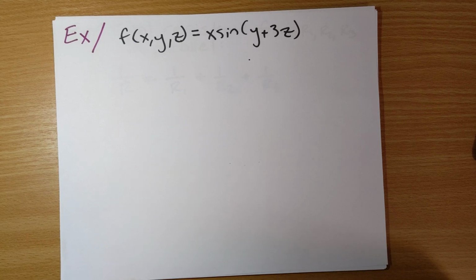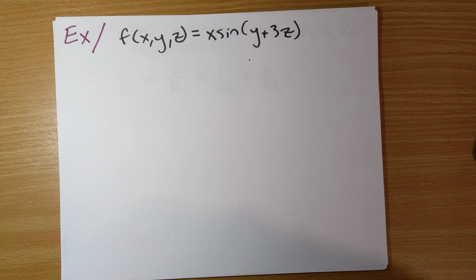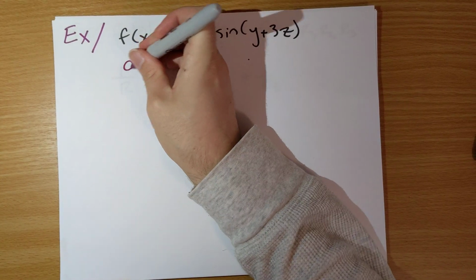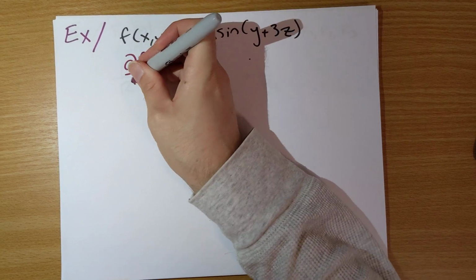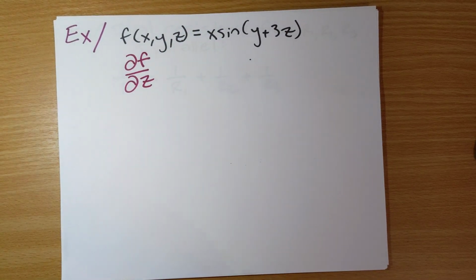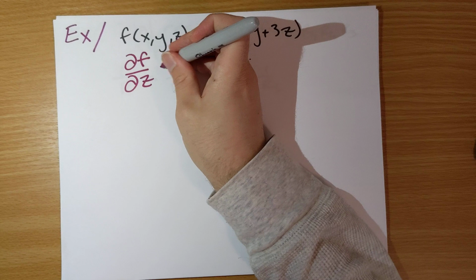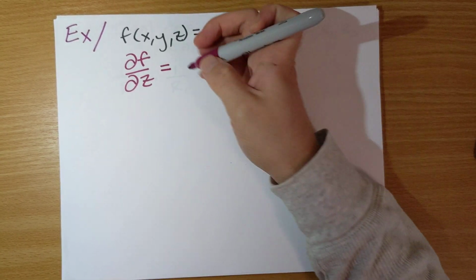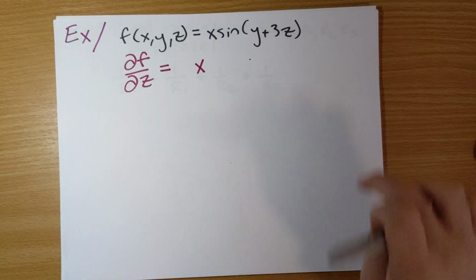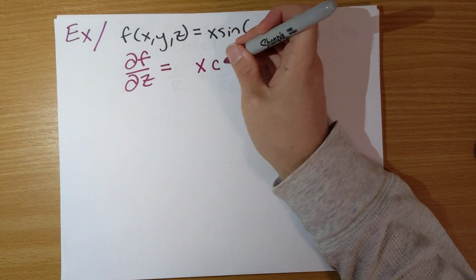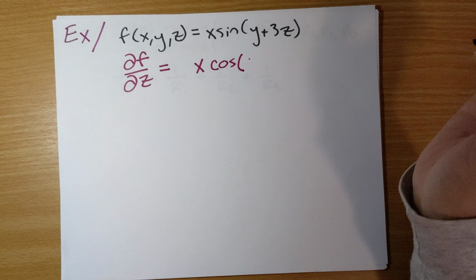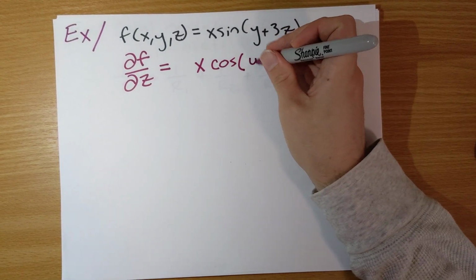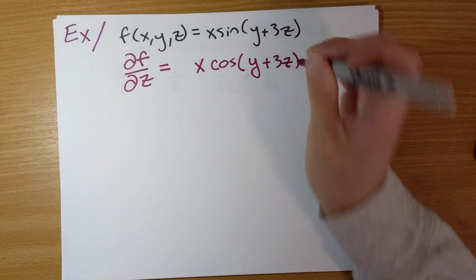So suppose f of x, y, z is x times sine of y plus 3z. In order to calculate, let's say, partial f partial z, the z partial derivative. Okay, so let's see here. x is a constant with respect to z, so we can leave that alone. The derivative of sine is cosine, cosine of y plus 3z.